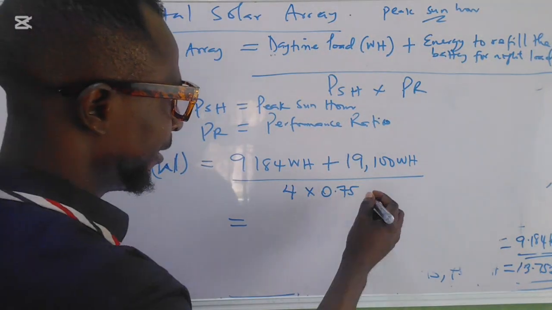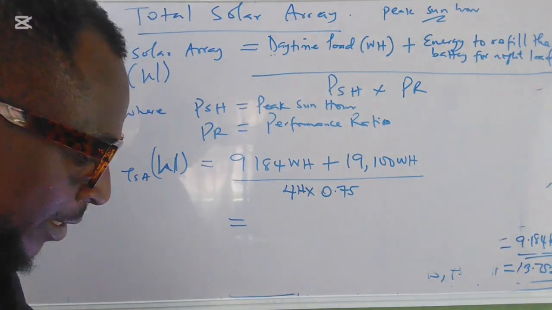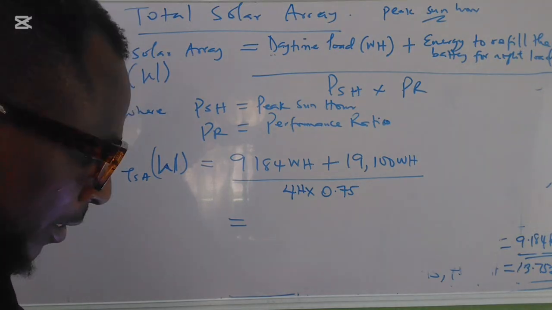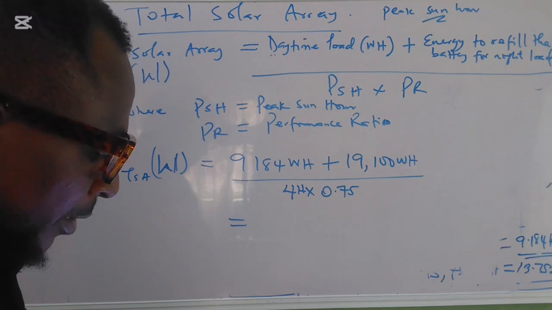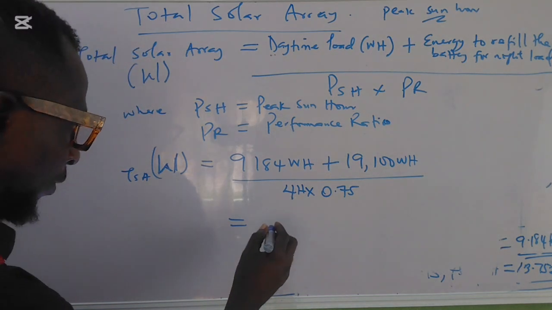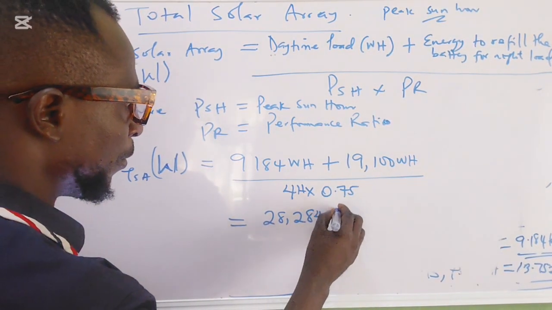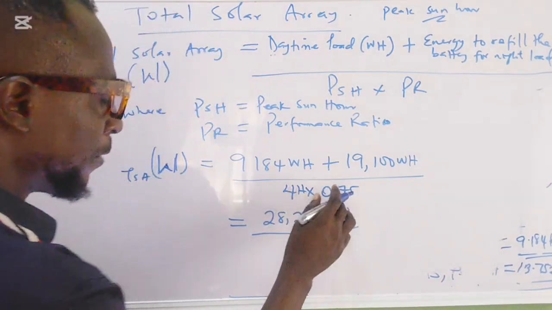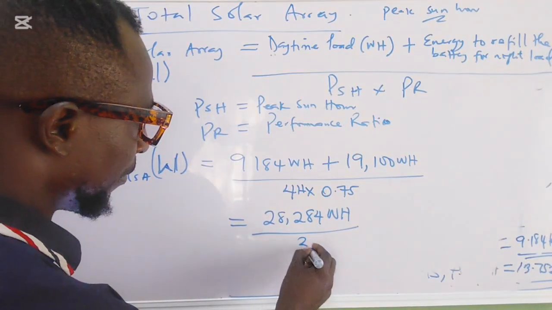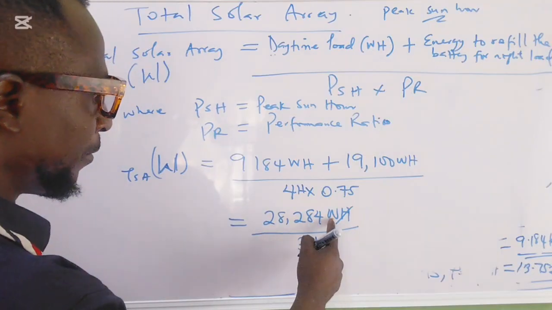This gives us 3 hours. So we have 9,184 plus 19,100. This gives us 28,284 watt hour, divided by 4 times 0.75, which is 3 hours. So this hour will cancel this hour, then we have watts left.